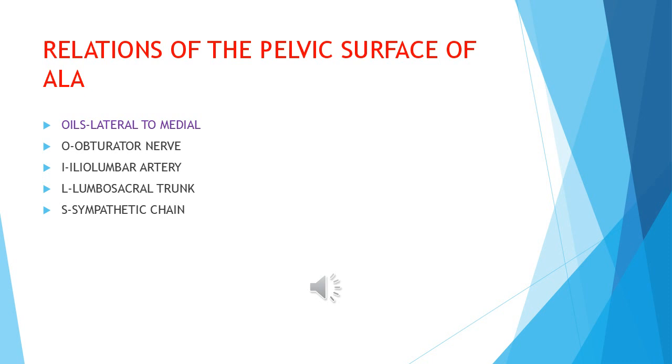Then the next is iliolumbar artery, and medial to that is lumbosacral trunk, and the most medial structure, on either side of the vertebral column, as you know, is the sympathetic chain. So lateral to medial, OILS: obturator nerve, iliolumbar artery, lumbosacral trunk, and sympathetic chain.